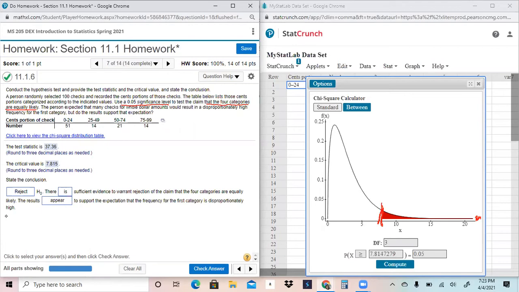Since all the chi-squared value tells us is that at least 1 category is off the mark from what the expected frequencies were, we can look at the actual numbers and see that over half of the checks fell in this category. This one's not far off from 25, so a lot of these came out of these 2 categories.